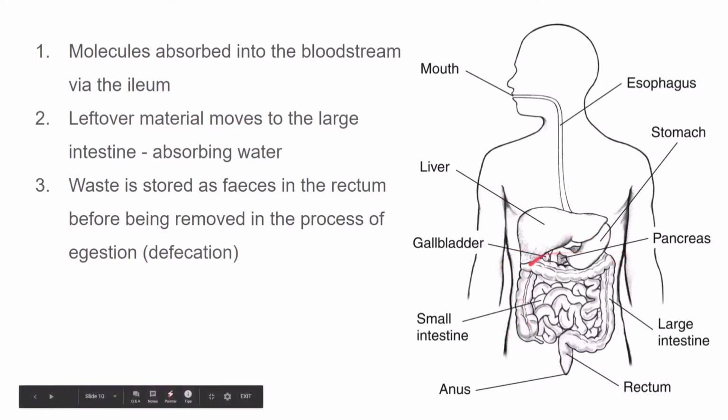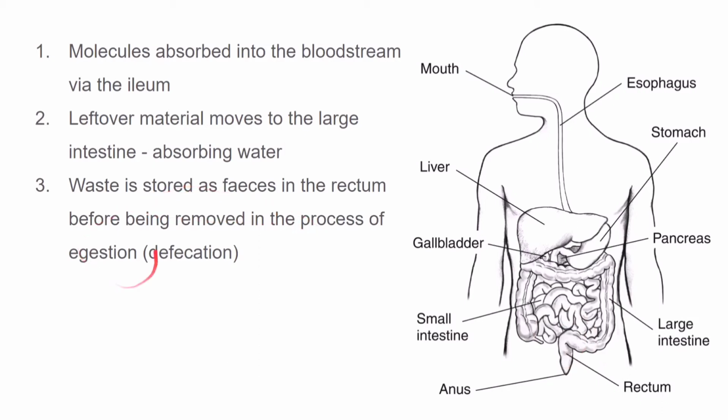So this is this massive organ here. And the large intestine absorbs all the remaining water from the leftover material that hasn't been absorbed. And the resulting material left over from the large intestine, when all the water has been absorbed, is stored as feces in our rectum. So this is down here. And this is then removed in the process of egestion or defecation.